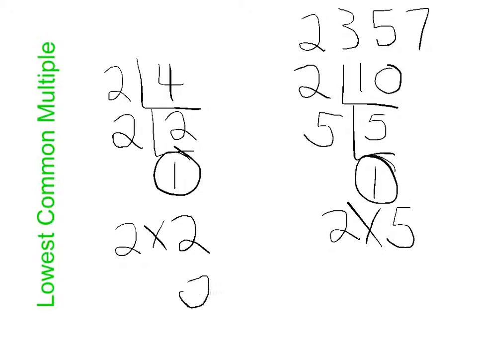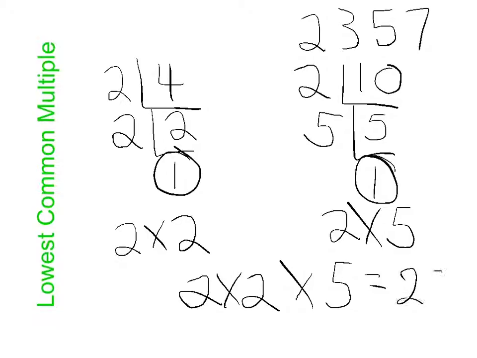So I'm going to write those two numbers down. And over here on this side, I have a 5 that comes up. So if I multiply the 2 times the 2 times the 5 together, 2 times 2 is 4, times 5 is 20, which gives us the exact same result that we got before. So here's one more method in which you can find lowest common multiples of numbers.